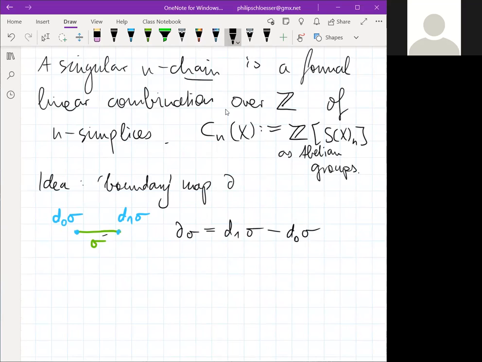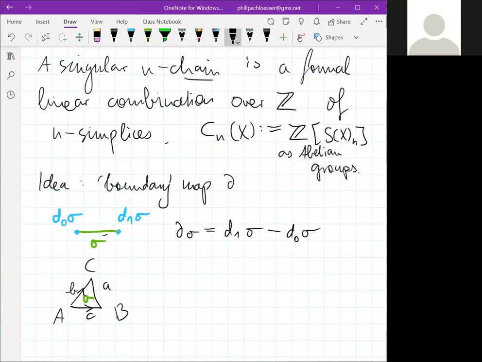And similarly, if we have a triangle with faces, I guess we can label the corners, the vertices, and the edges nicely.